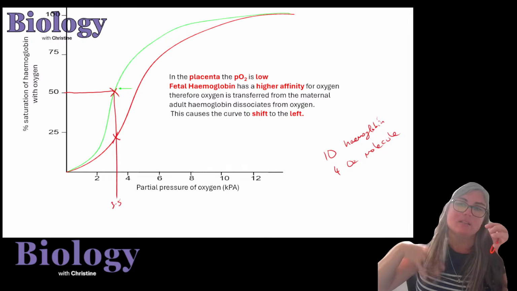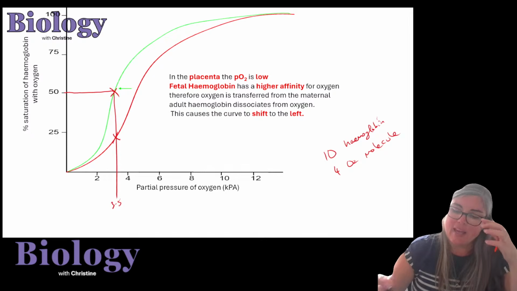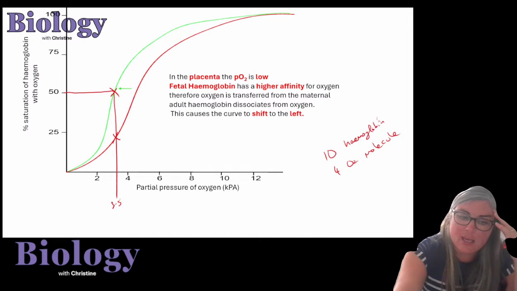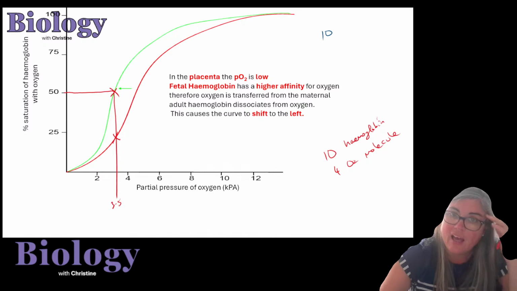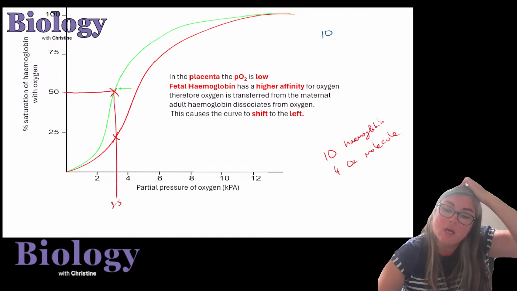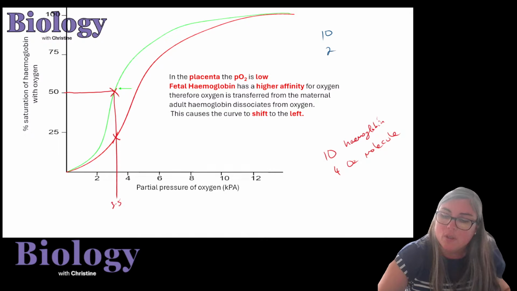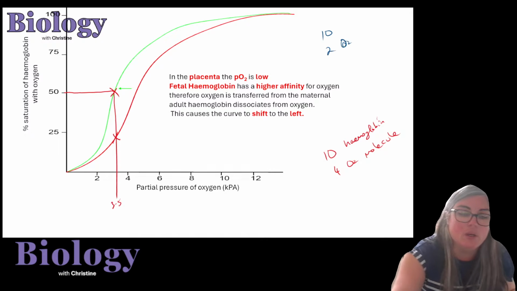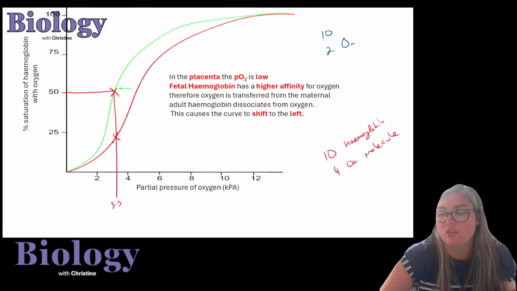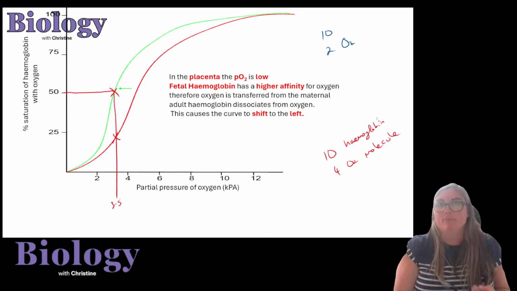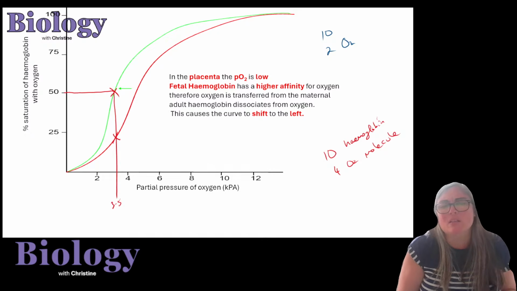Does that make sense? And then if I have the 10 hemoglobin molecules, but this time instead of having 4 oxygen molecules, they only have 2 oxygen molecules, that would therefore mean that they were 50% saturated. I hope that kind of makes sense.